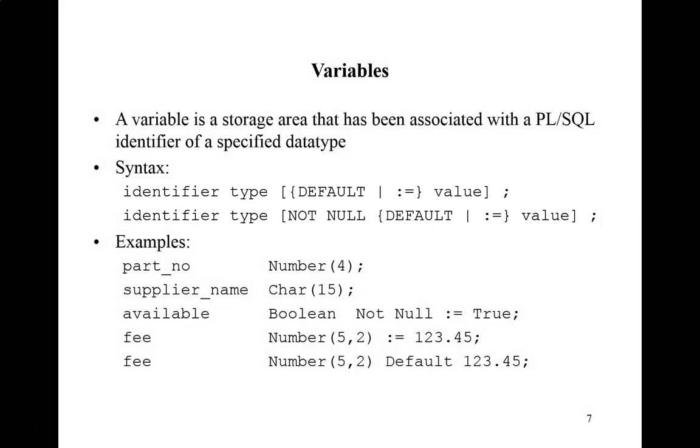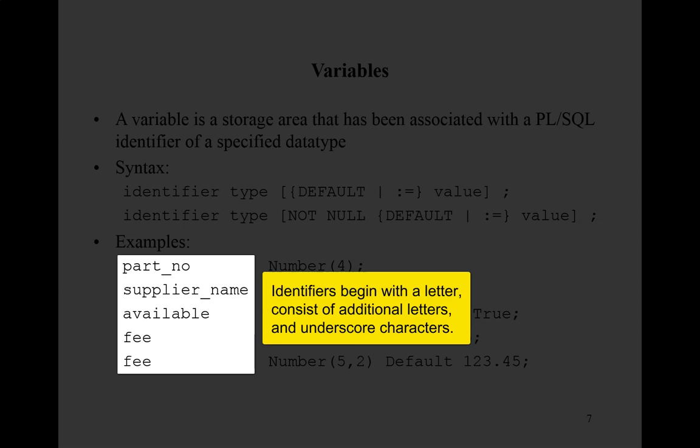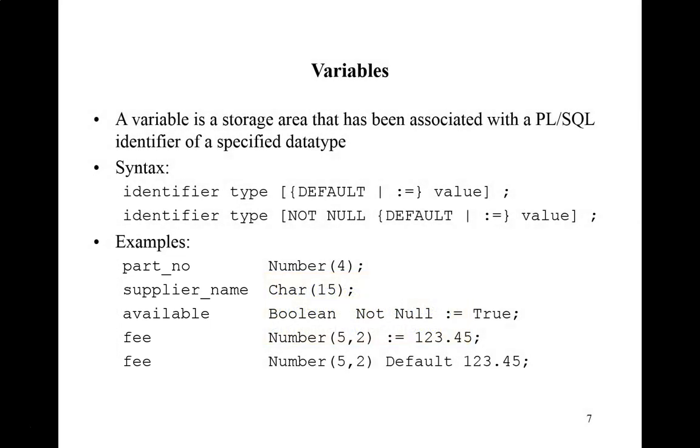A semicolon is placed at the end of the line by convention to separate this line from the next line within the program. Notice that in all examples, the identifiers pass our test for what constitutes a valid identifier. Each one of these identifiers begins with a letter and consists of additional letters and, in a couple cases, the underscore. We then include the data type and the size as appropriate.